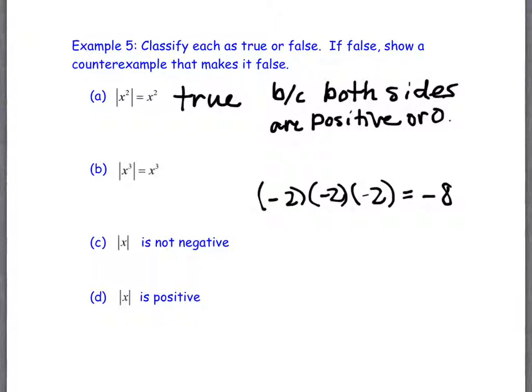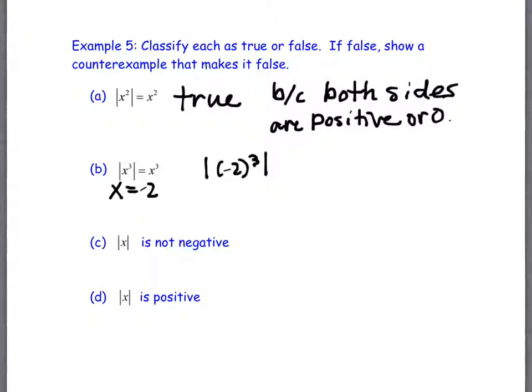And in fact, the example that I just wrote down would be an example where that happened, wouldn't it? So if we let x equal negative 2, then the absolute value of negative 2 cubed would be, let me write it this way. We're looking at seeing whether or not they're equal. On the right-hand side, we just said that was negative 8 already. On the left-hand side, what would it actually be?